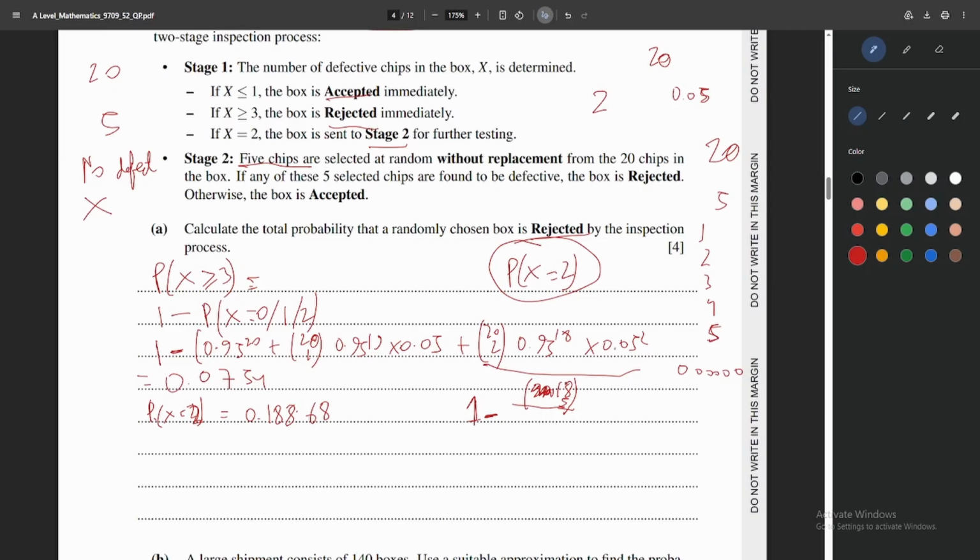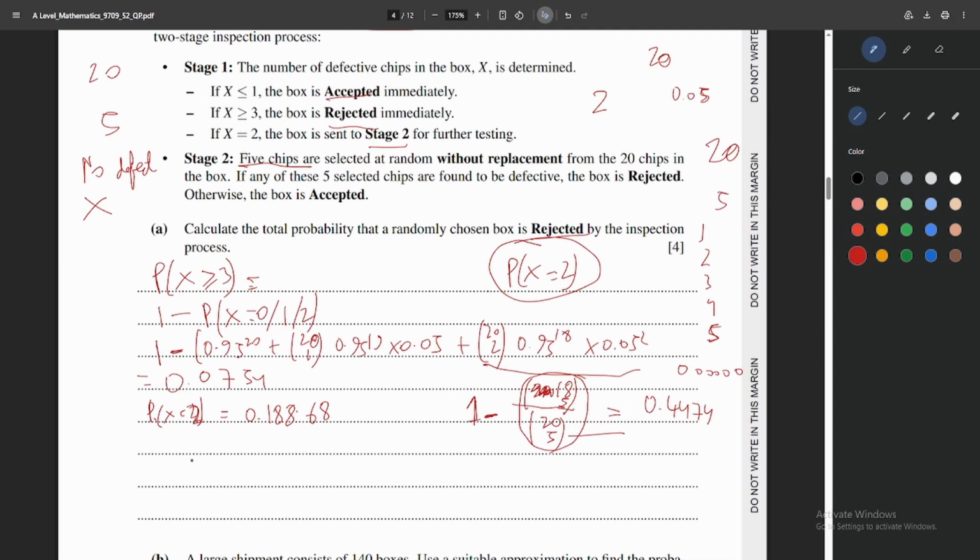So the total covers all possibilities, and these are the cases where we are not choosing the defective microchips. If you subtract that from one, we get all the cases when there's 1 defective microchip or 2 or 3 or 4 or 5. So this is equal to 0.4474.